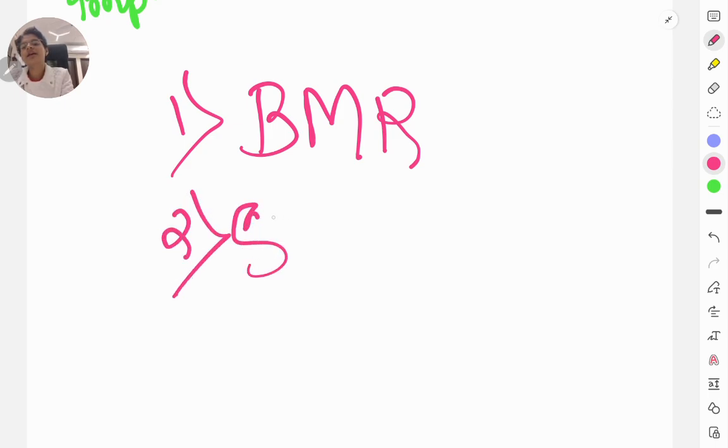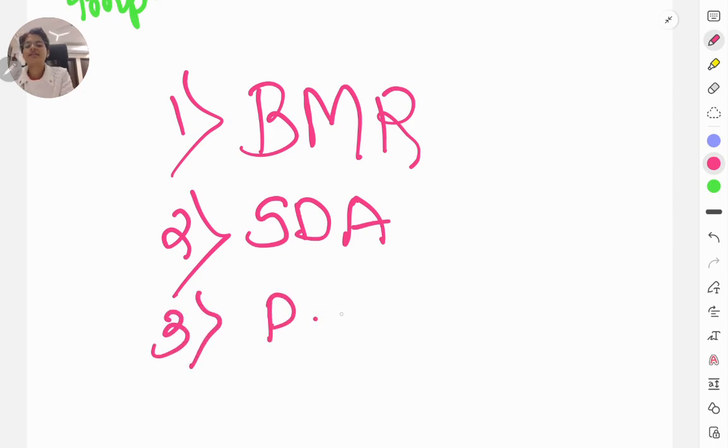Secondly, for SDA, and third, physical exercise activity. Okay, now BMR is basal metabolic rate, SDA is specific dynamic action, and physical activity. So these 3 are there.